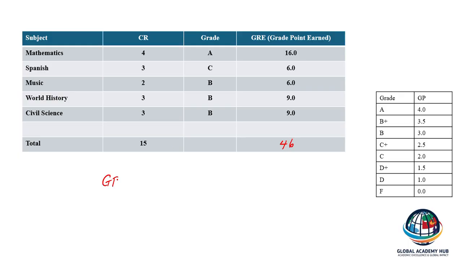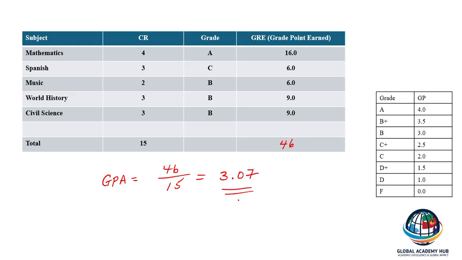So our GPA is going to be the total grade point earned divided by the total credits attempted. And that's going to give me 3.07. This is this student's GPA.